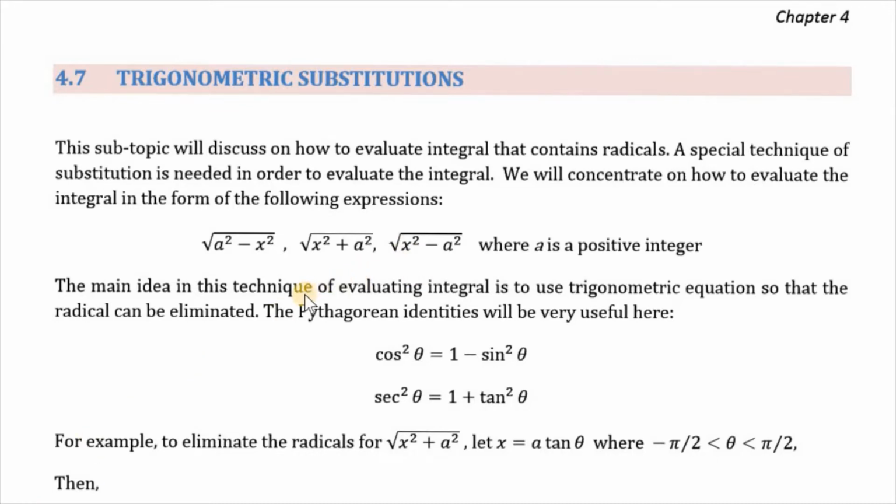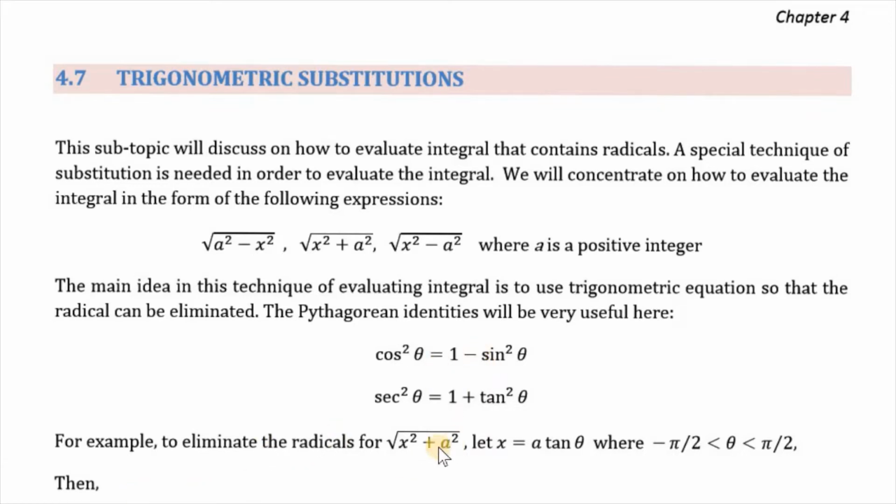Basically, the technique here is to use the Pythagorean identity to get rid of the radical. So we need to have it in the form of a cosine squared. We know that the square root of a squared is a itself.